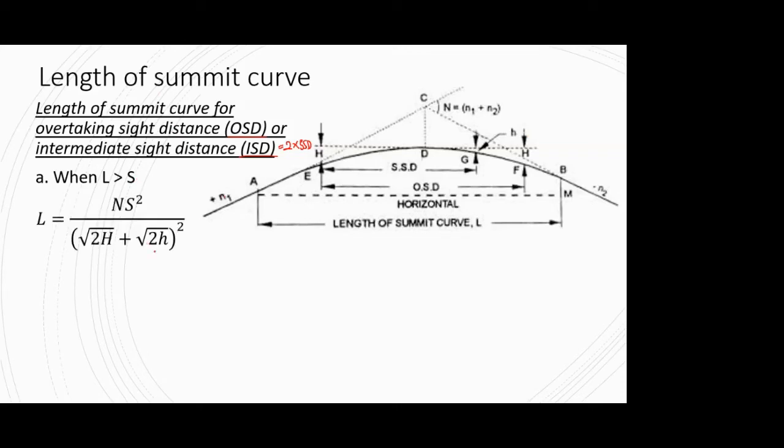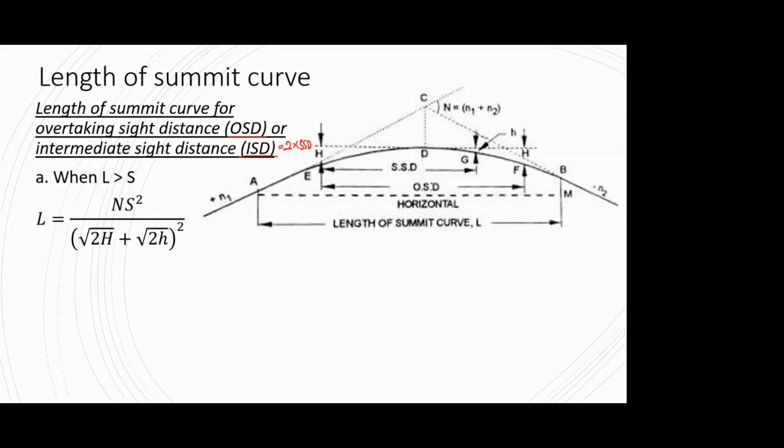And now if you see, we have used the same formula which we had used for stopping side distance consideration, that L is equal to nS square upon (under root 2H plus under root 2h) whole square. But now the only difference is here we are considering OSD. We have seen that whenever we consider the oncoming vehicle, we are considering it as a vehicle, not as an obstacle or an object.